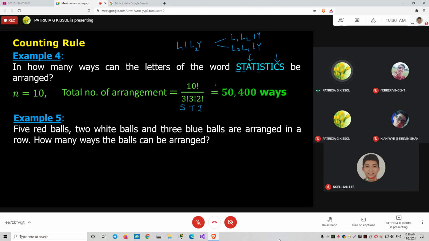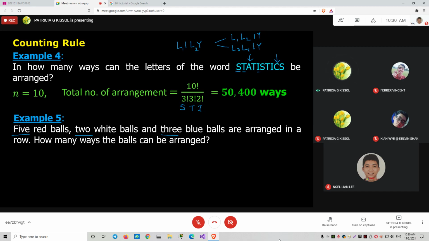It matters about the color, but if you have the red balls, if you position red, red, red, because there are 5 red balls, right? So in a way, they are considered the same, just like the letters. So for this, you have 5, 2, and 3.